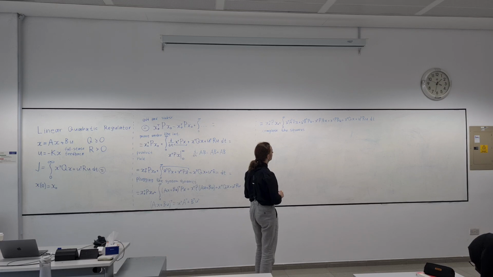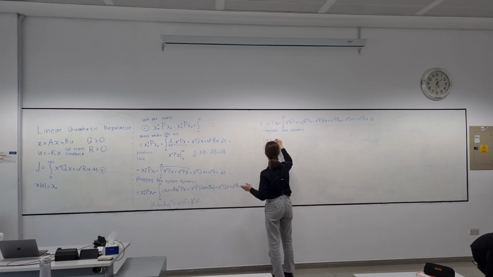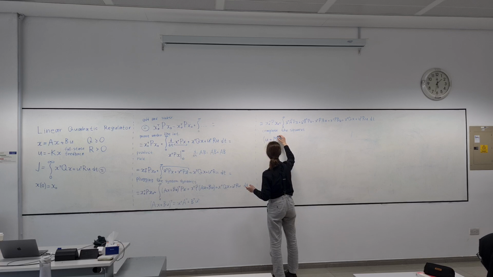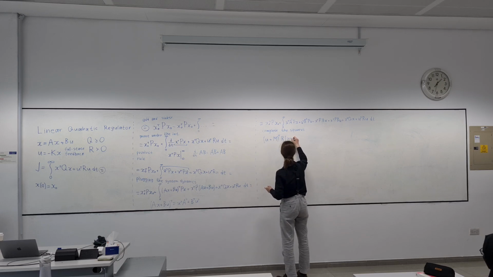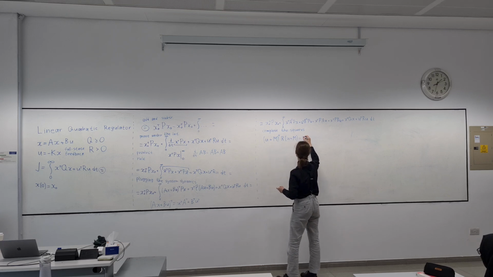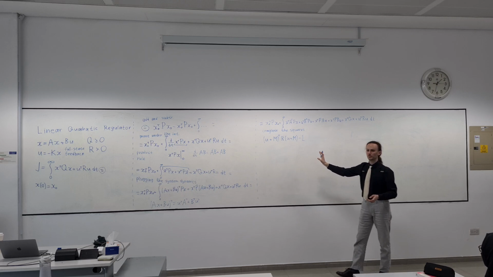So we would like to see something in the form of Q plus some matrix M transpose R U plus the same matrix M minus matrix L. This is the form that we're looking for.